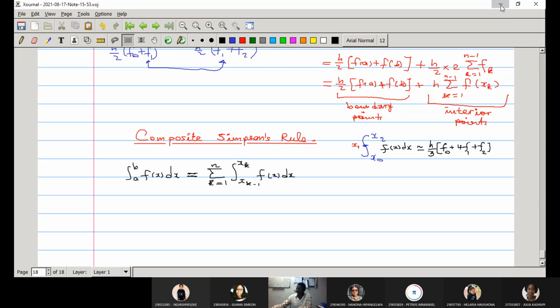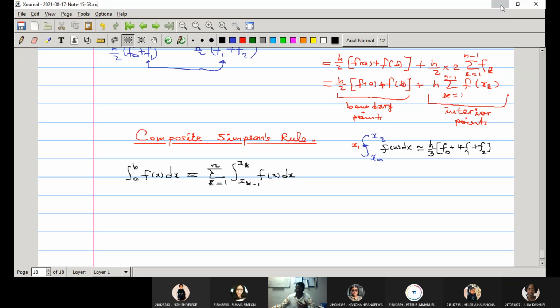So as I was saying, for our composite Simpson rule, we will do something similar. Okay, so we are going to take our sub-intervals, right?